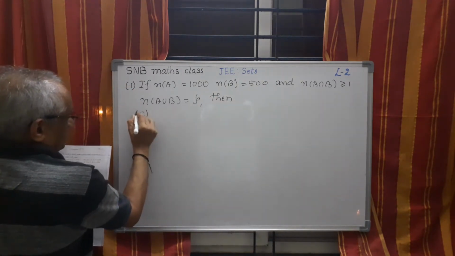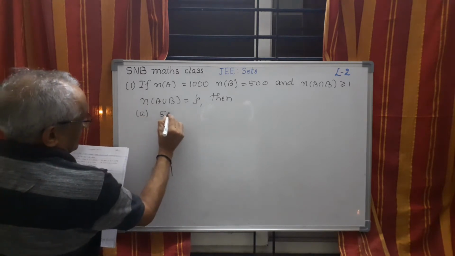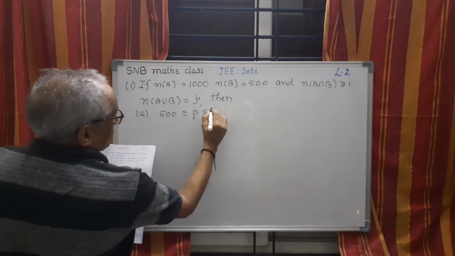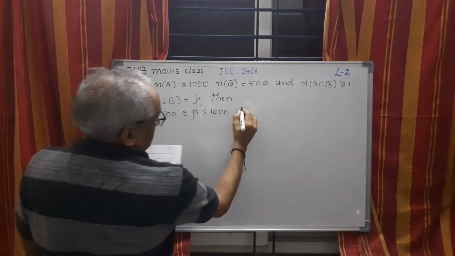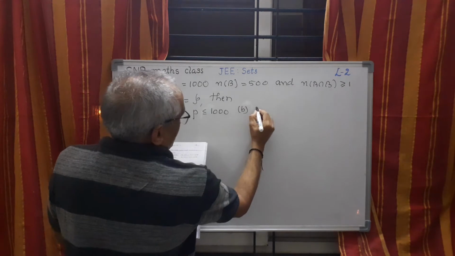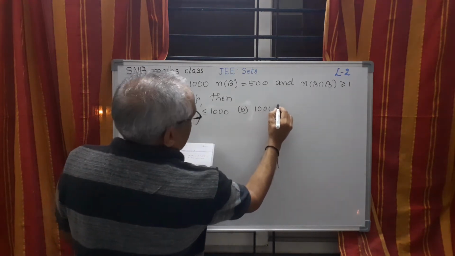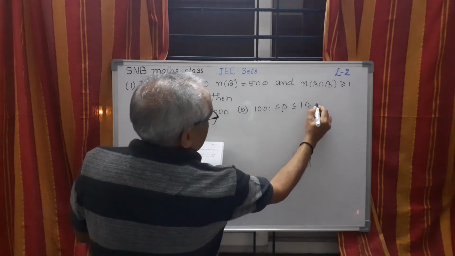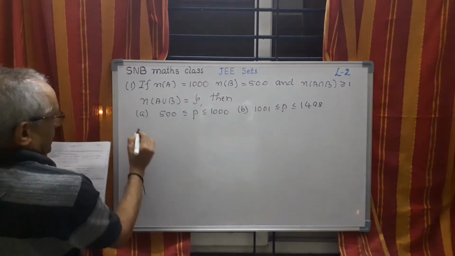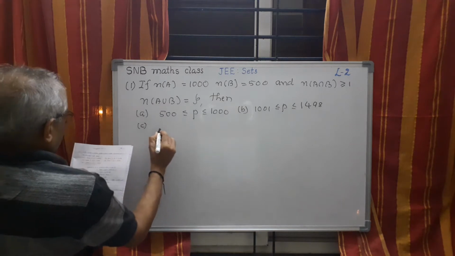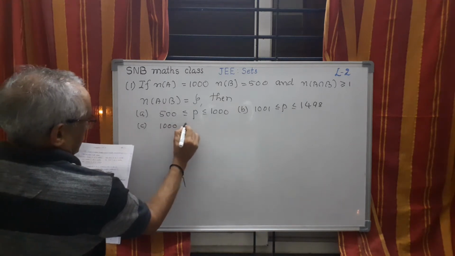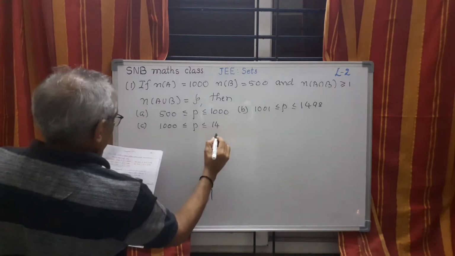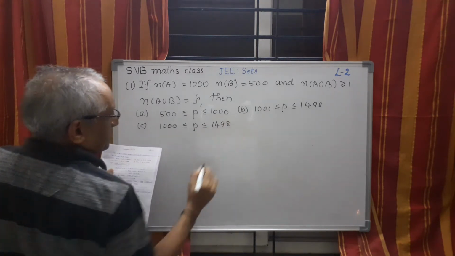First option is 500 less than P less than 1000. Second option, 1001 less than or equal to P less than 1498. C, 1000 less than or equal to P less than 1498.